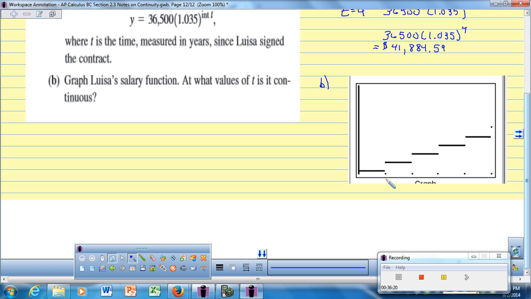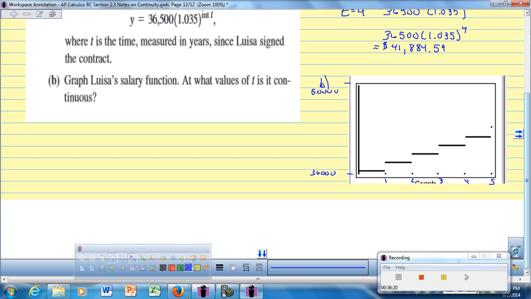So this is year 1, year 2, year 3, year 4, and year 5. And right here we start at 36,000, and up here we are at 50,000. Just to give you an idea of what we're looking at.